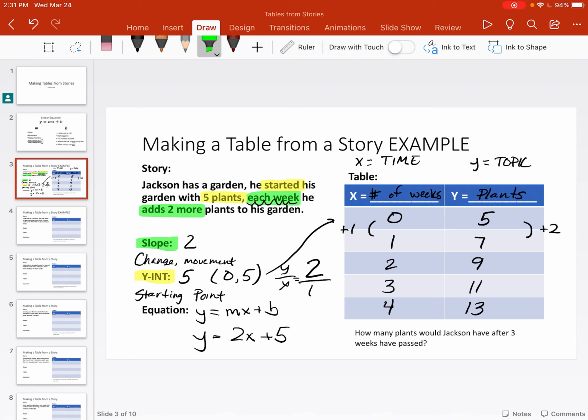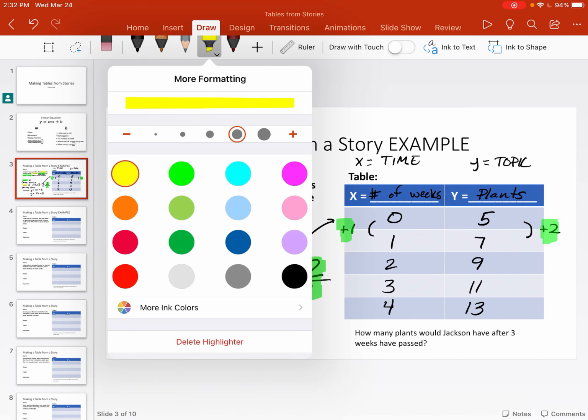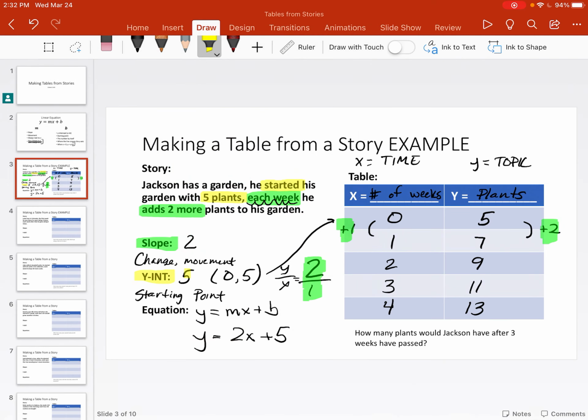So again, I got my slope of 2. I made it a fraction. I added 2 over 1. We found our y-intercept of 5. I made that a point of (0, 5), and I put that in as my starting point. Now here's where the number of weeks and plants, which we practiced a couple weeks ago, is going to come in handy.